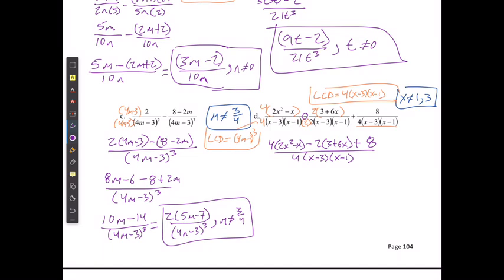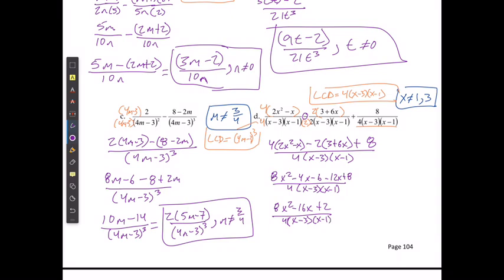This is going to give me 8x squared minus 4x minus 6 minus 12x plus 8 over 4 times x minus 3, x minus 1, or 8x squared minus 16x plus 2 over 4 times x minus 3, x minus 1.